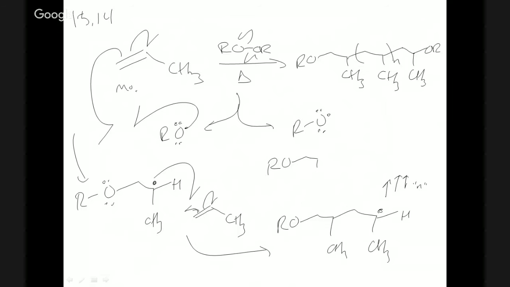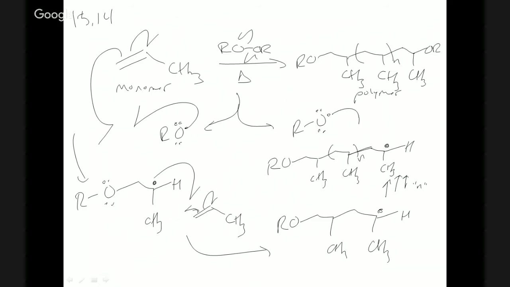This propene is called a monomer. It's forming a polymer. So now you're almost done. That's n. And now you have this radical.